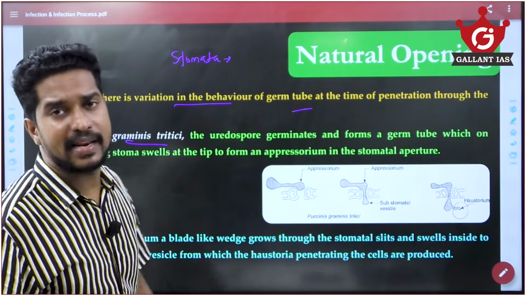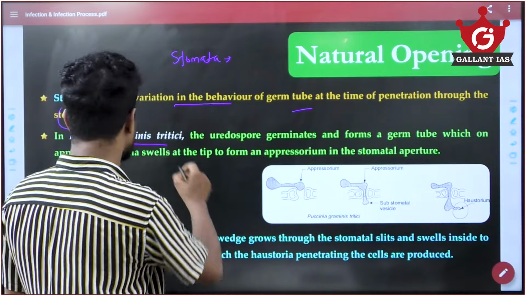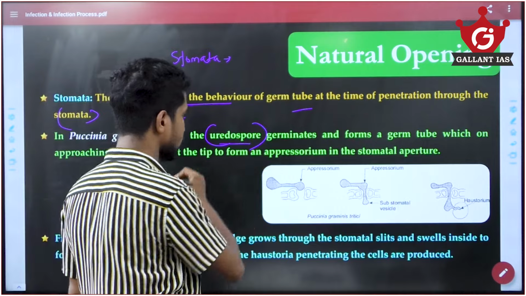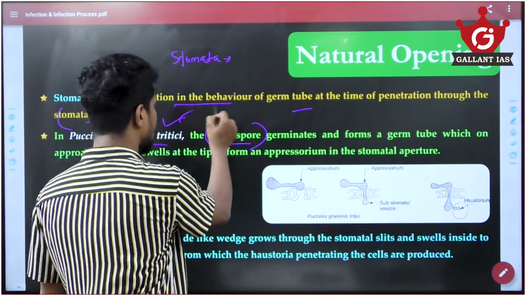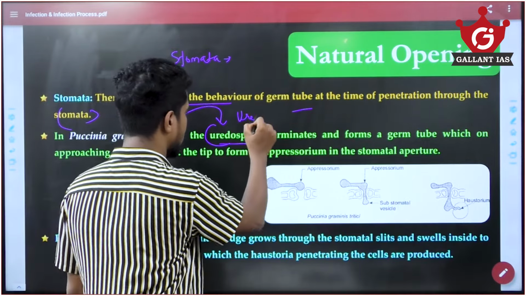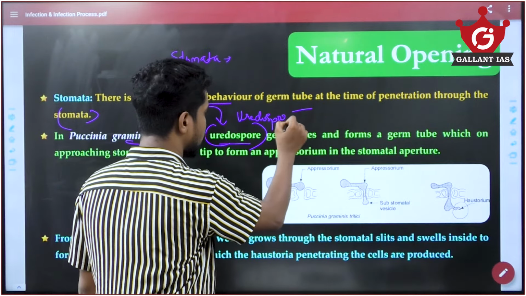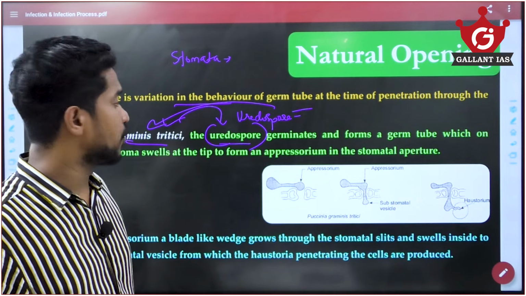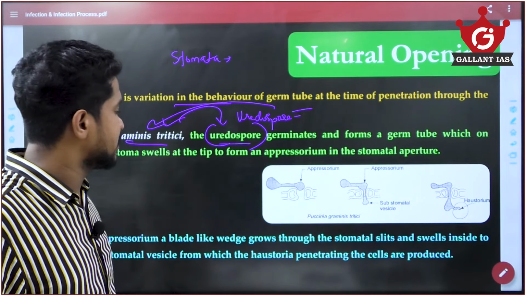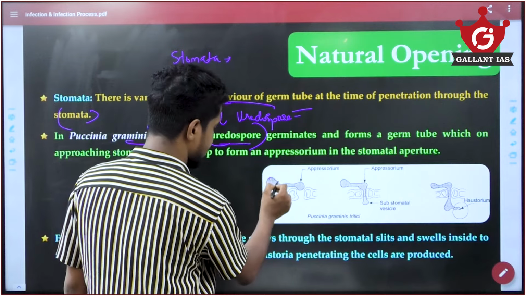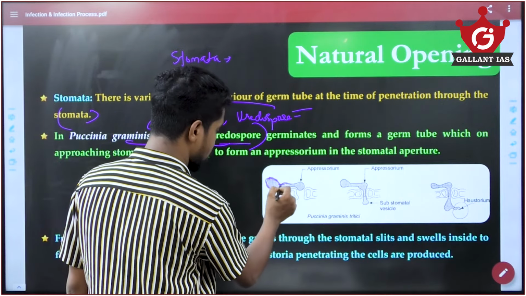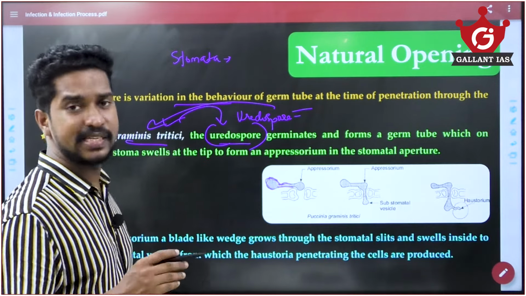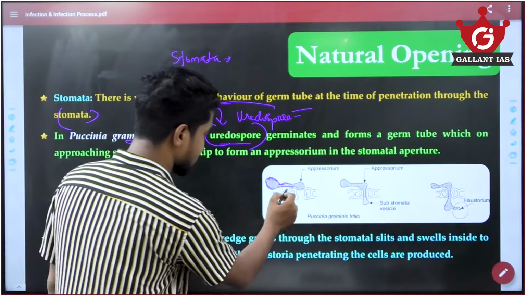In Puccinia graminis tritici, the urediospore is a spore produced by the fungus. This urediospore germinates and forms a germ tube. Here you can see this is a stoma.